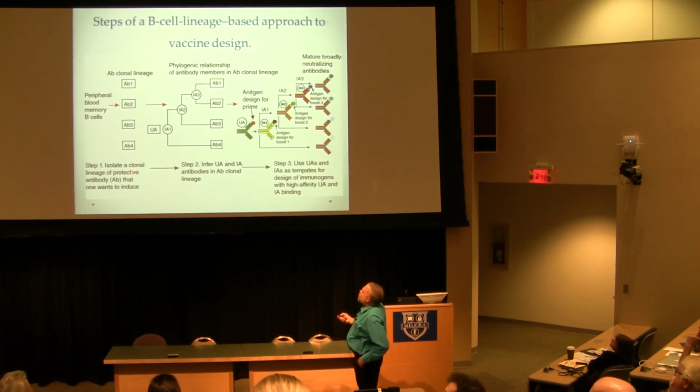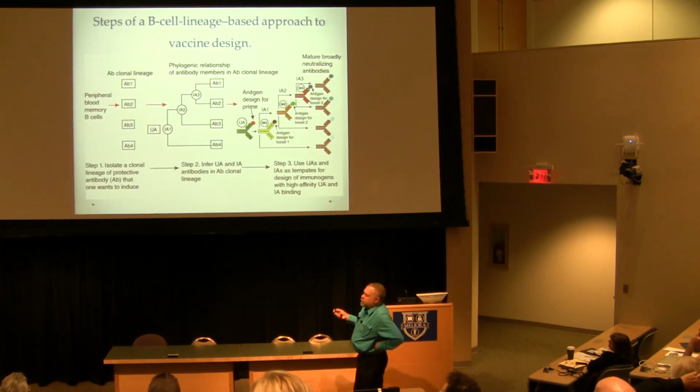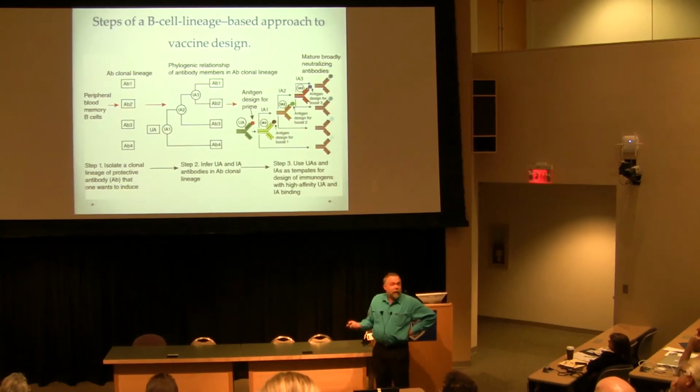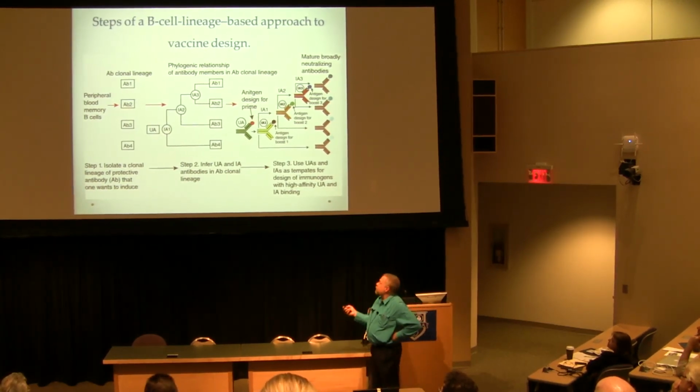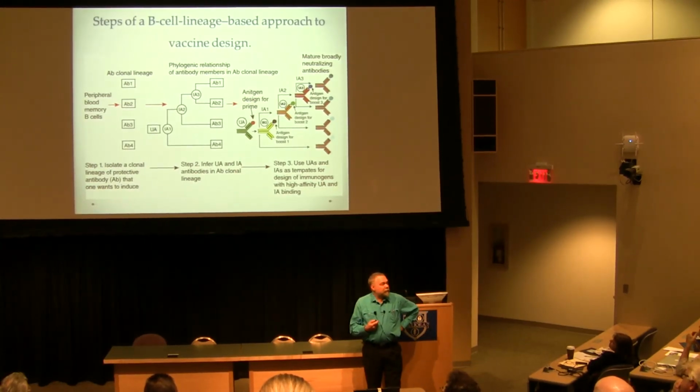Very, very briefly, we isolate antibodies, we infer the ancestry, and we determine what the unmutated ancestor must have been. We then, and this is the hard part, this is why a high-power guy like Steve Harrison is involved, we then have to determine what the original antigen was.